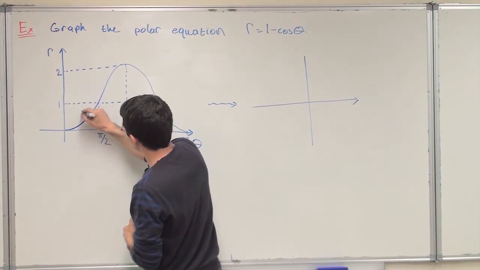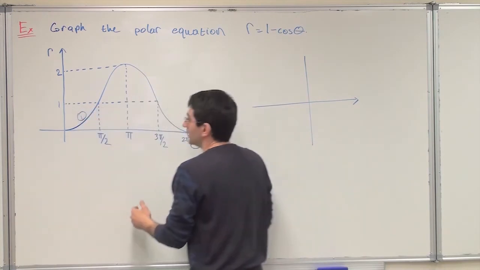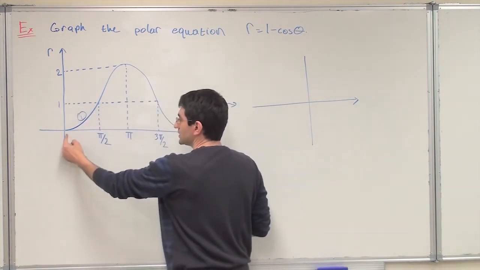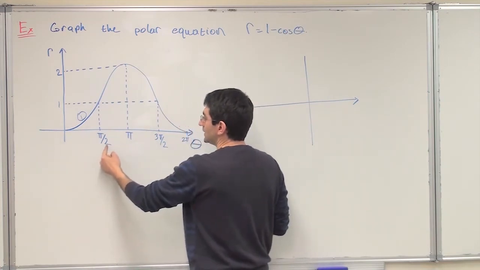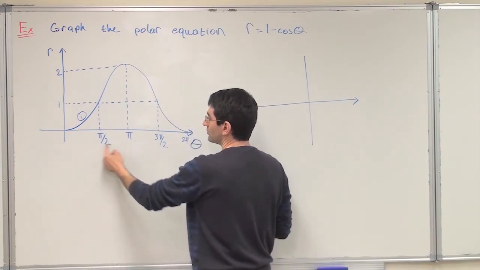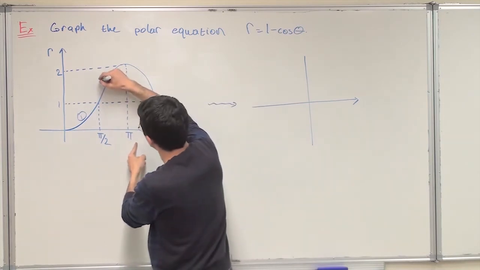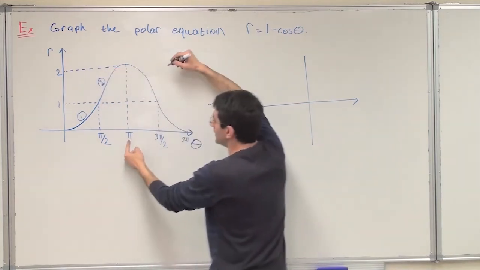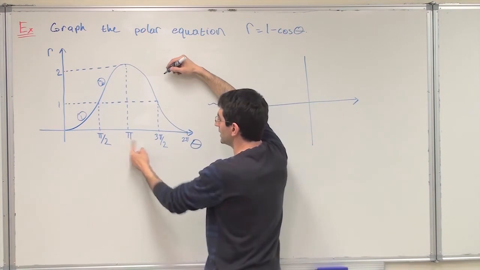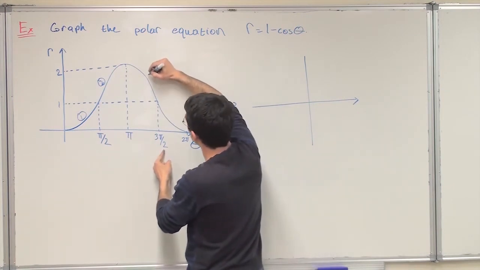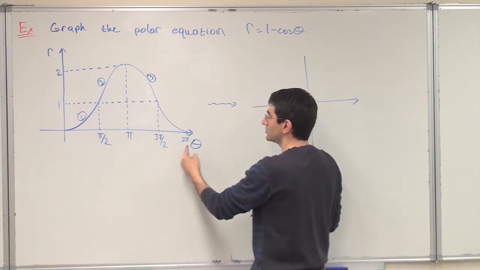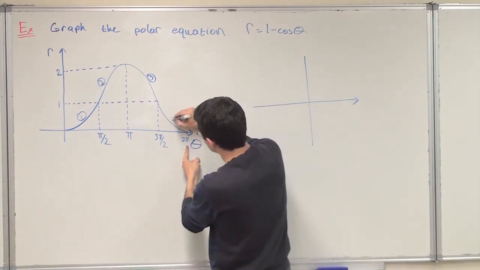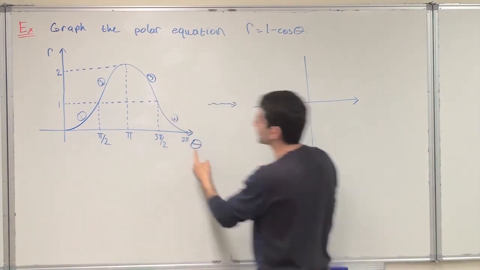So the first region is the region where thetas are from 0 to pi over 2. Then the region from pi over 2 to pi is the second region. The region from pi to 3 pi over 2 is the third. And from 3 pi over 2 to 2 pi is the fourth region.